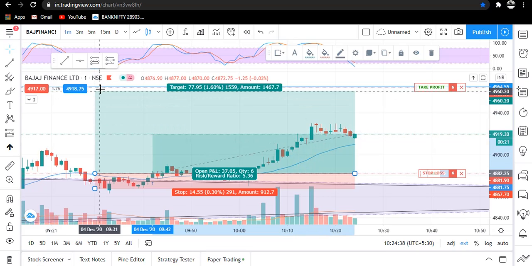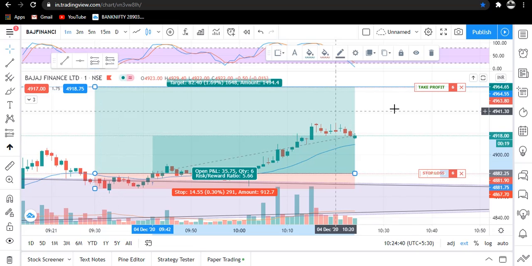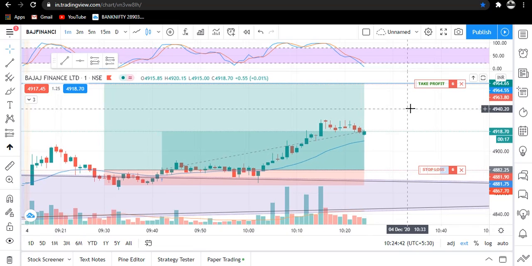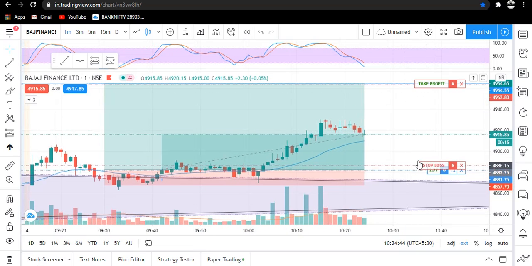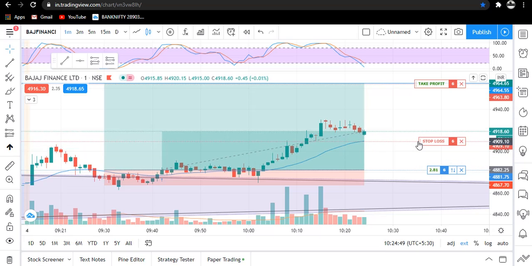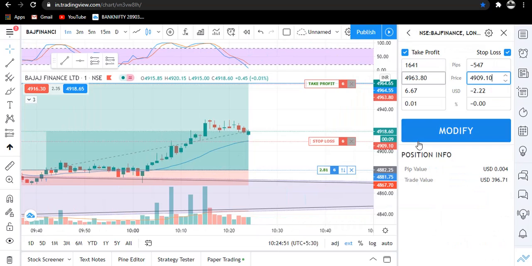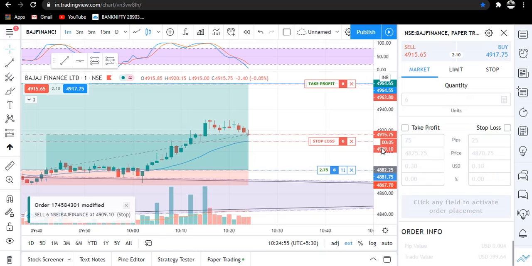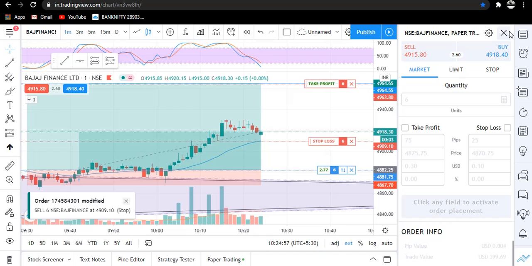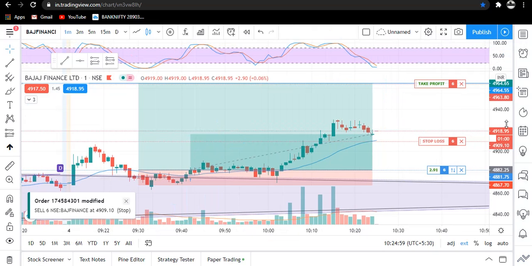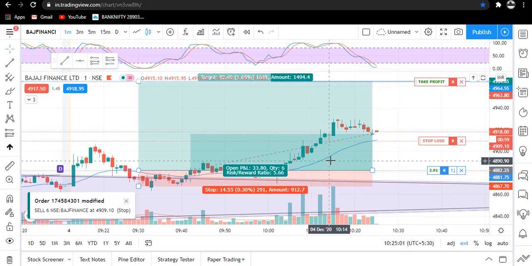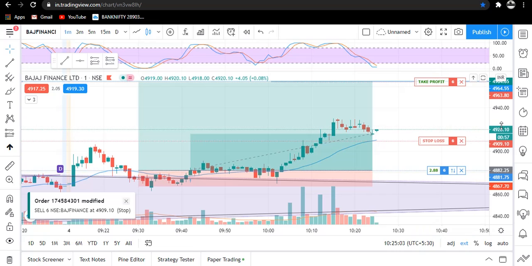That's good. So okay traders, now I am trailing my stop loss till there, and I am modifying it. We have trailed our stop loss more so that at least we can get a good risk reward.